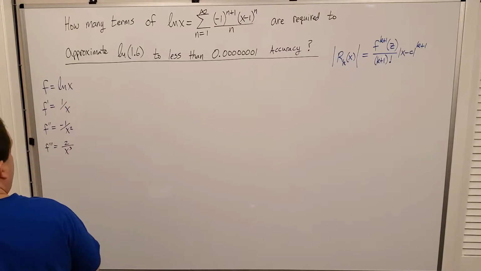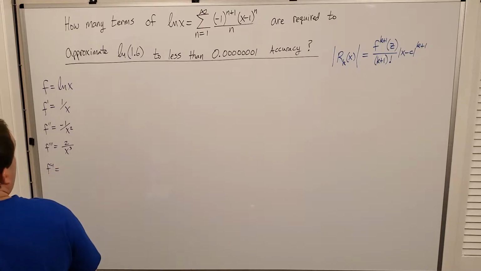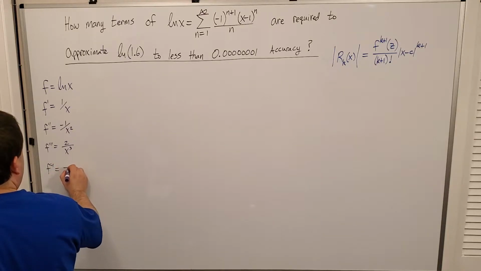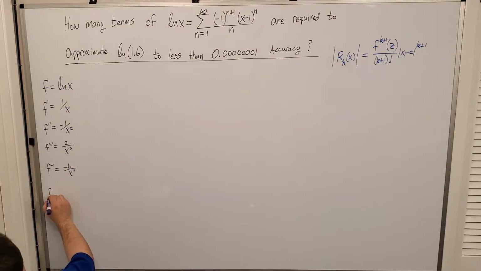Because negative 2 times negative 1. Fourth derivative is going to be negative 6 over x to the fourth. Fifth derivative is going to be 24 over x to the fifth. Let's do one more. The sixth derivative here is going to be negative 120 over x to the sixth.